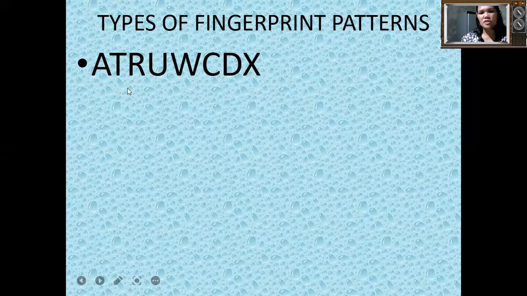And this ATRO-CDX will serve as your guide to easily recall the types of fingerprint patterns. Okay, so accordingly, the acronym stands for the different types of fingerprint patterns. Okay, capital letter A represents the plain arc.